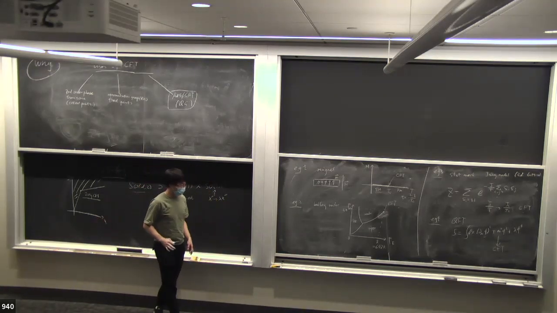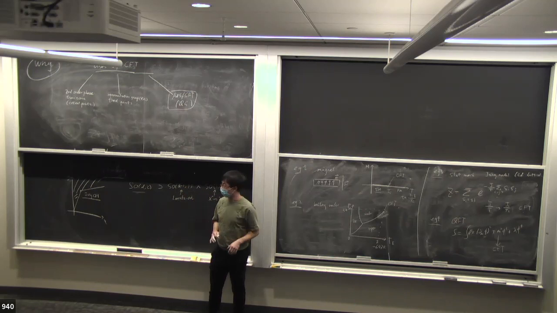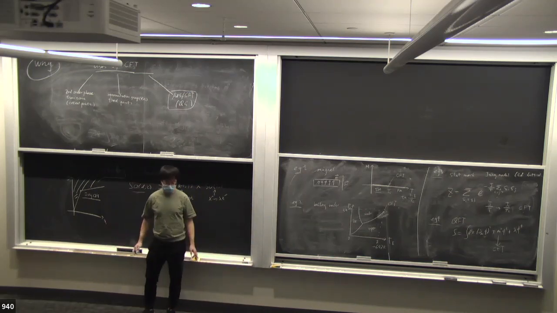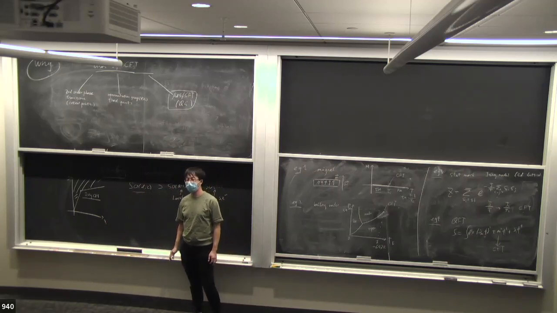The strategy is to understand the kinematic part as well as we can, to put constraints on the dynamical part of the CFT data. The representation theory is not completely understood, but lots of progress has been made.